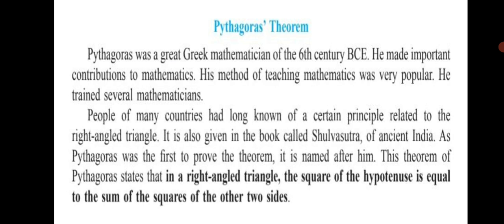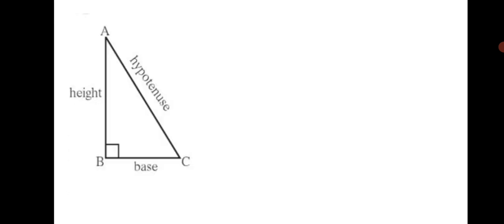This theorem of Pythagoras states that in a right angled triangle, the square of the hypotenuse is equal to the sum of the squares of the other two sides. So, if we put these words into a formula, how will it look? Let's learn. In this figure, you can see a right angled triangle ABC.